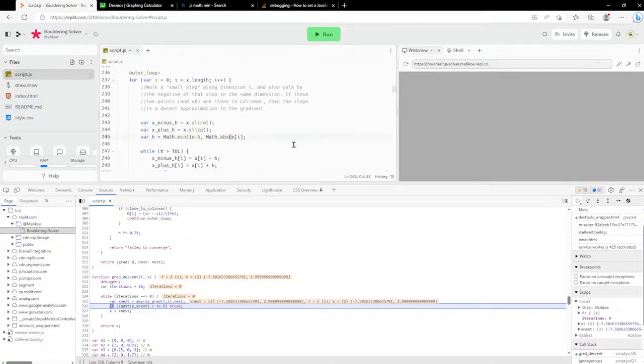Oh, yeah, I do, because I need the math.min there. Math.abs of x of I times, I don't know, 1e minus 2. var tol is equal to math.min of tol, or math.abs x of I times 1e minus 5. I mean, all these values are just pulled out of thin air. Let's just see what happens if we do that.